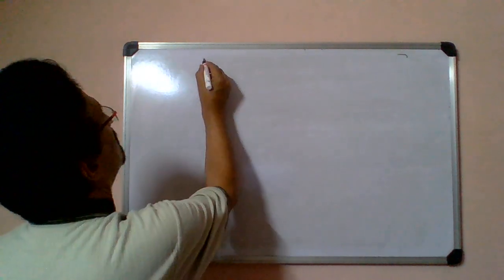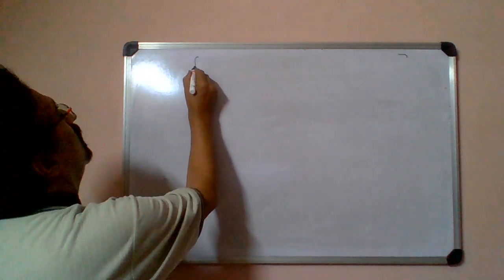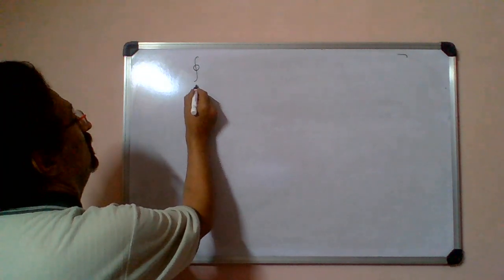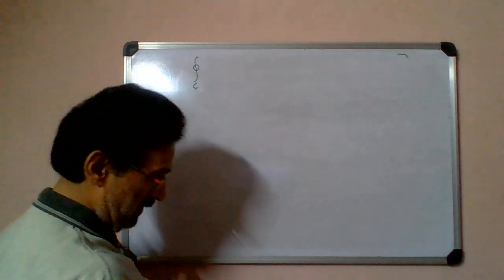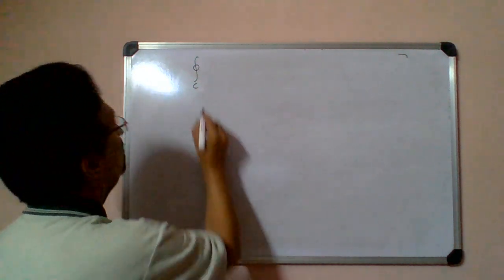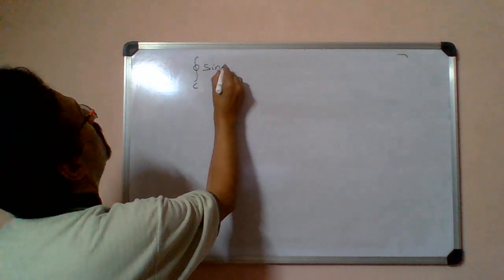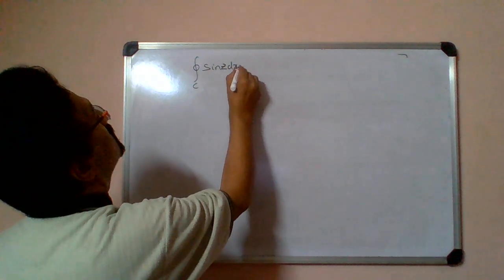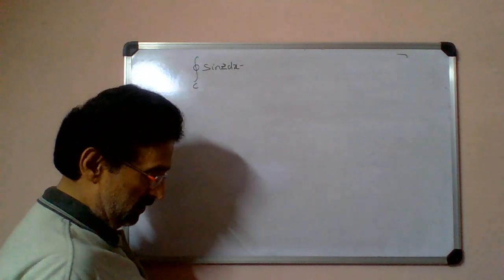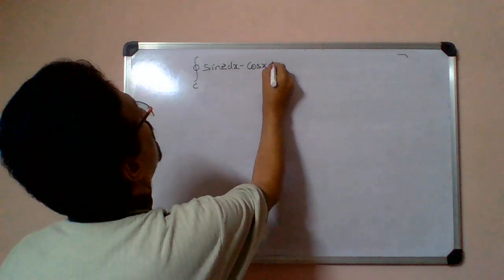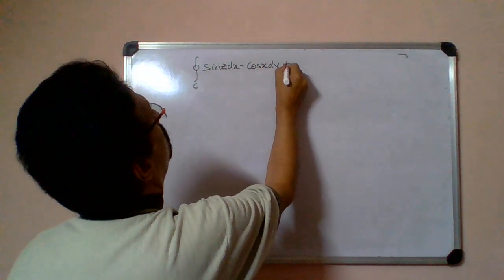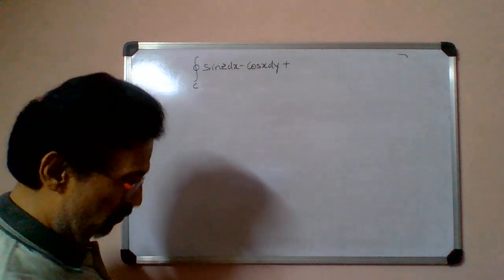The problem says, using Stokes theorem evaluate the line integral over C of sin z dx minus cos x dy plus sin y dz.